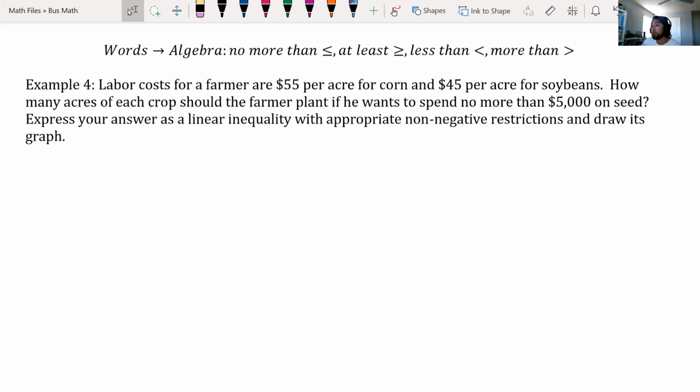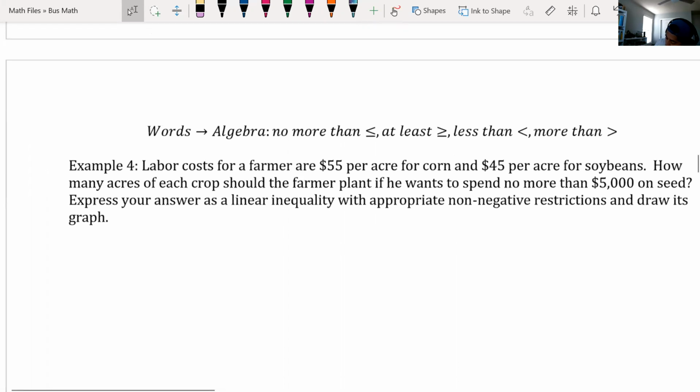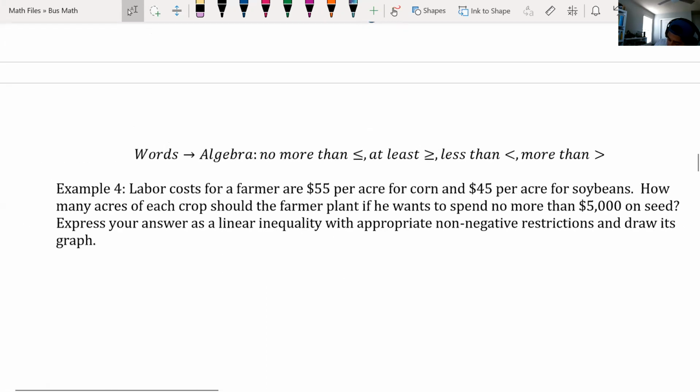Okay, so here we're going to have to create our own linear inequality. So for number 4, our inequality, let's call corn X. So we're going to say 55X plus, and 45 per acre of soybean, we're going to call that 45Y.